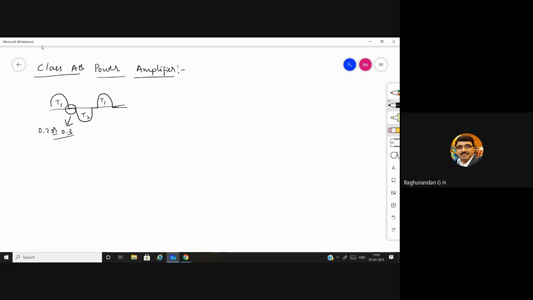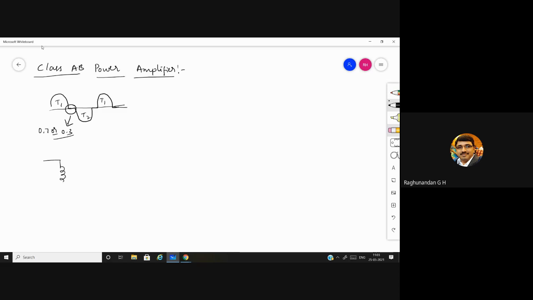The circuit diagram looks almost the same as the class B power amplifier, because here also we will be using the same push-pull circuit. But to the push-pull circuit, we are just going to add some diodes, to overcome this 0.7 or 0.3 drop. So let us see now.